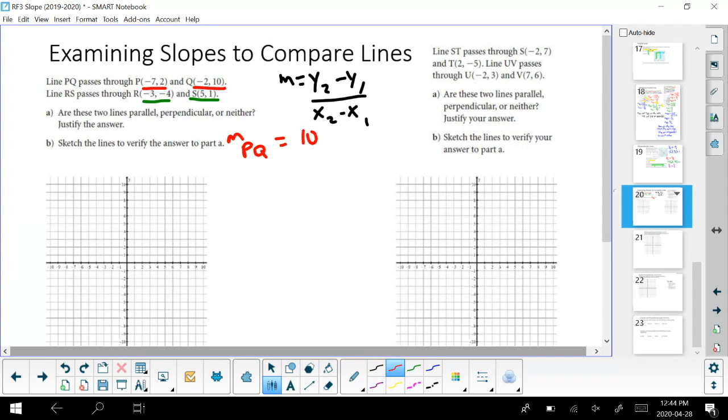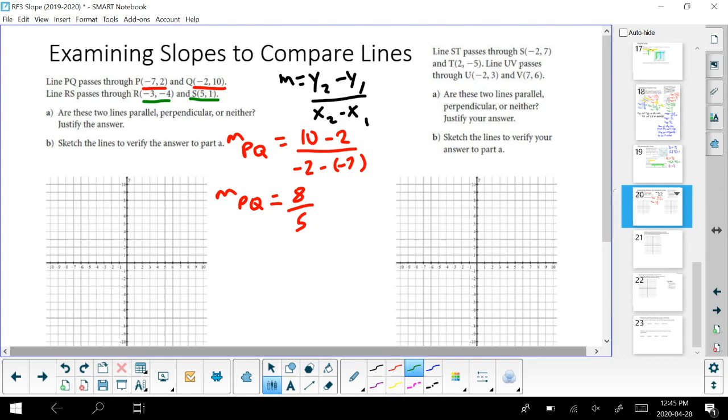So we've got 10 minus 2 over negative 2 minus negative 7, and we get 8 over a positive 5, because the bottom will give us negative 2 plus 7. So we get a slope of 8 over 5 for line PQ.